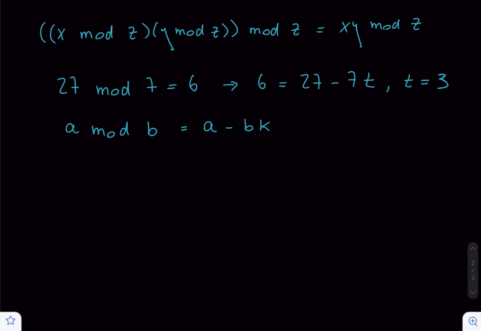So instead of x mod z and y mod z up here, we can call this x minus zk1, and we can call y mod z, y minus zk2, for some integers k1 and k2, and all of this mod z.